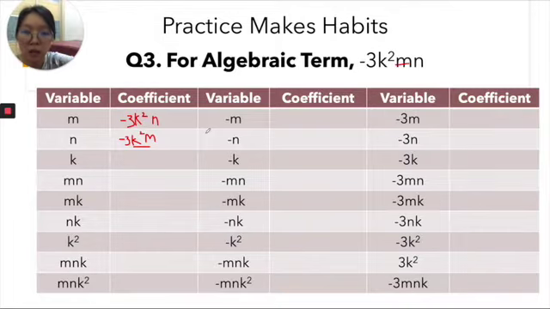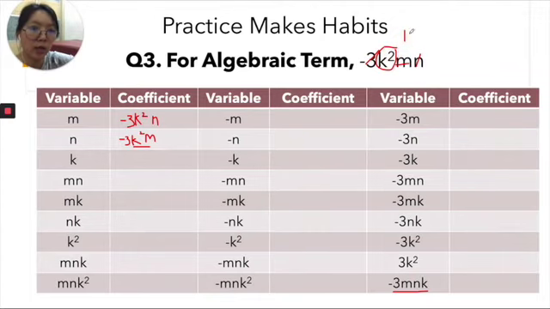Next, let's do this. If my negative 3mnk is taken out, what is left? Negative 3 is cancelled, m is cancelled, n is cancelled, 1k is cancelled. What am I left with?